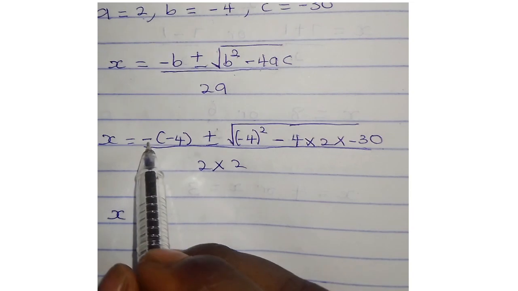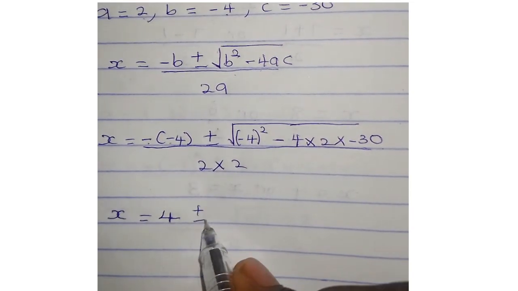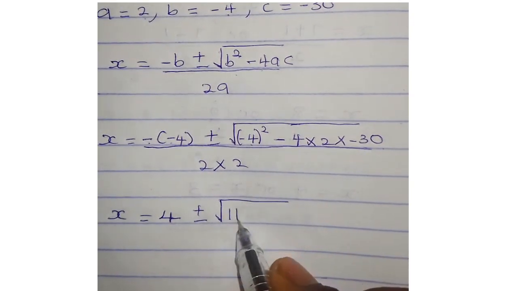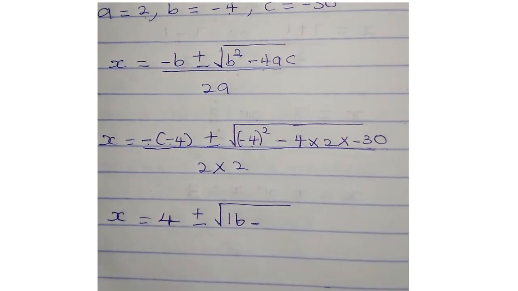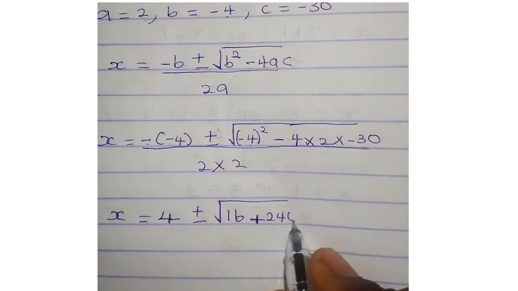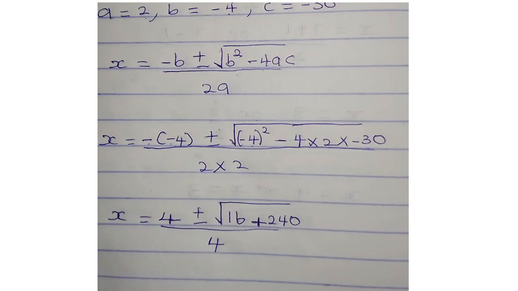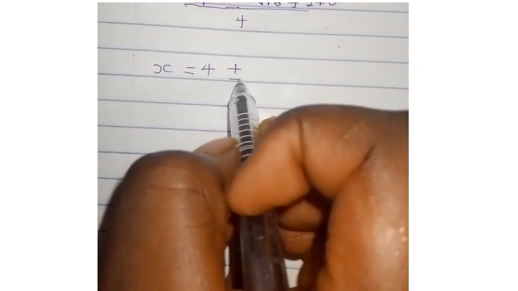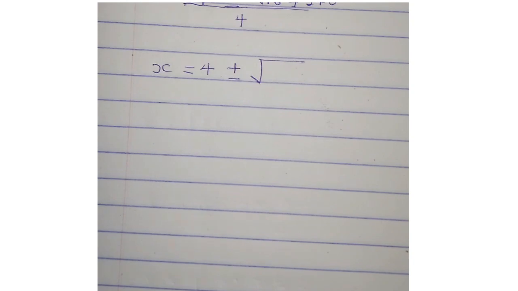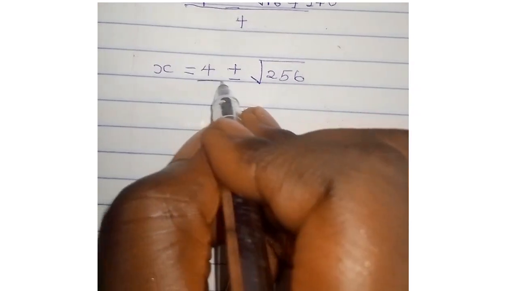So we're going to have x equal to, when a negative sign multiplies a negative sign it becomes a positive sign, 4 plus or minus the root of -4 squared, which is 16, minus 4 times 2 times -30, which gives us positive 240, all over 4. So x is equal to 4 plus or minus the root of 16 plus 240, which gives us 256, all over 4.